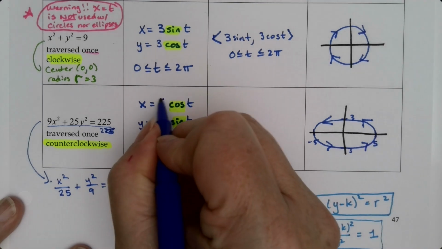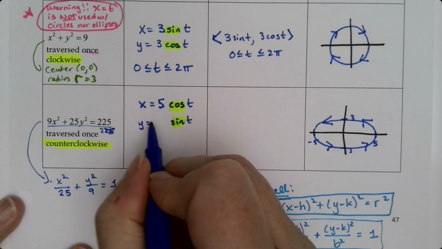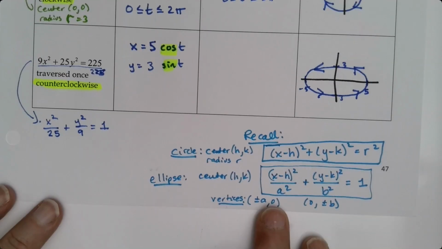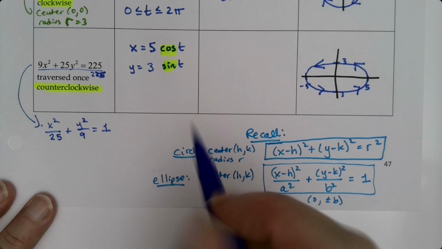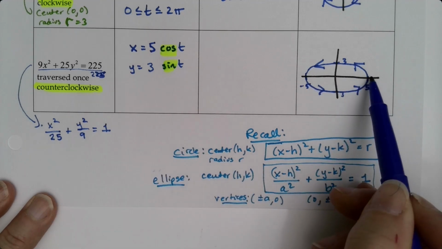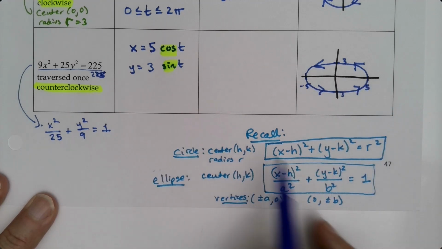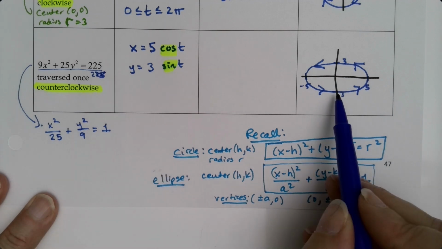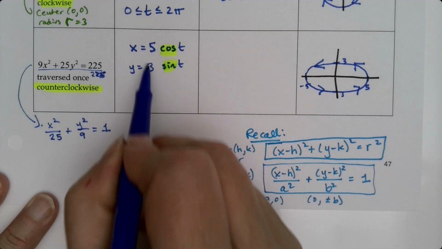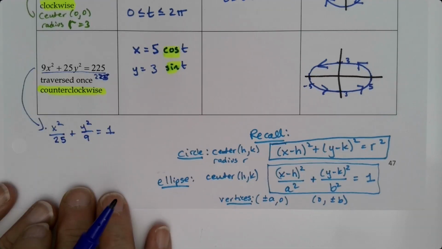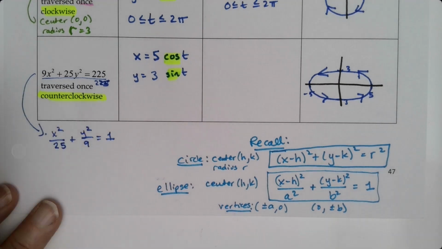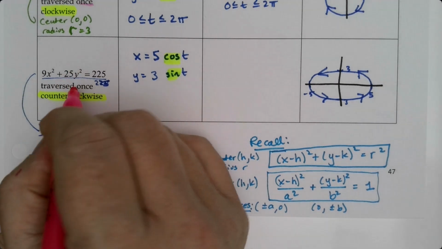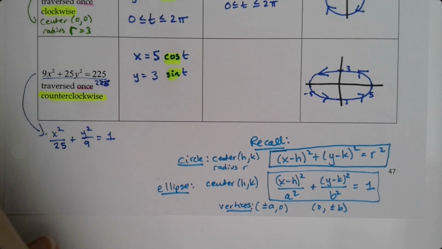So I put the 5 here, and I put the 3 here. The vertices values, right? A would be your x vertex value, and the b, which is 3, would be the y vertex value. And those become the coefficients in front of your cosine and sine. Now, if we're going to traverse this only once, just like we did on the last one, that means that, again, we're going to go from 0 to 2 pi.